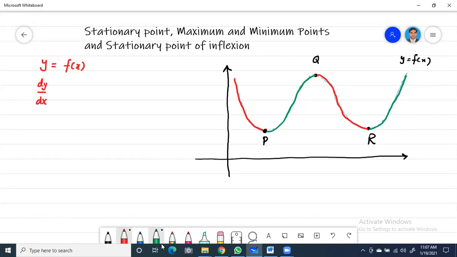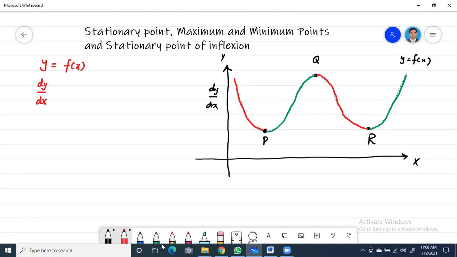green. Okay. The red section of the curve shows where the gradient is negative, as this is the change of y with respect to x, meaning dy divided by dx. The rate of change of y with respect to x: along the x-axis, this is x, along the y-axis, this is y, and this change is decreasing.